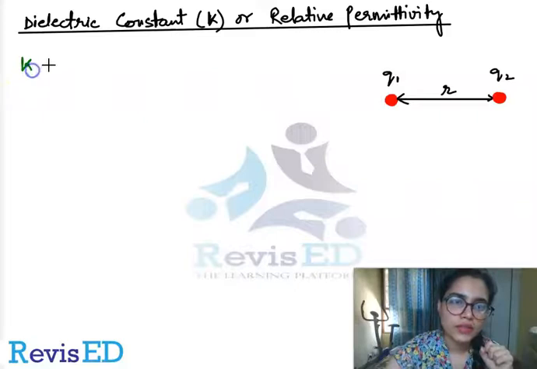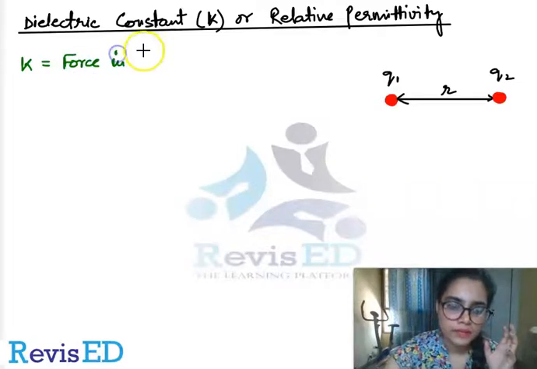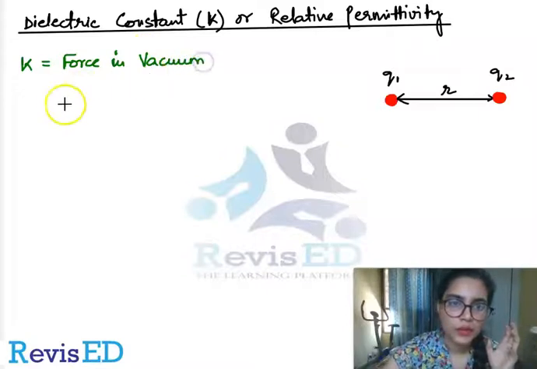The dielectric constant is defined as the ratio of the force in vacuum to the force in medium.